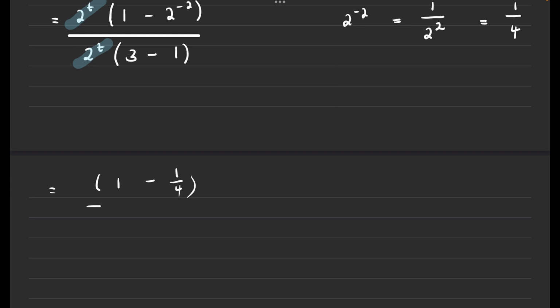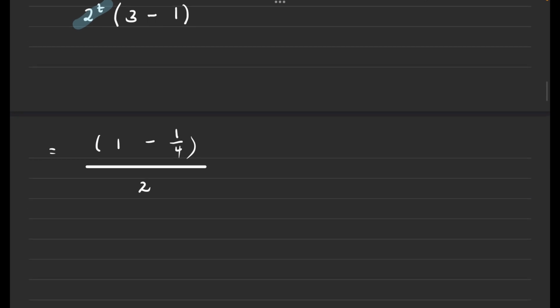And then I'm going to divide everything by what? 2. So now this equals, 4 multiplied by 1 is 4, minus 1 is 3. So in the numerator, I'm going to have 3 divided by 4, all divided by 2, right?